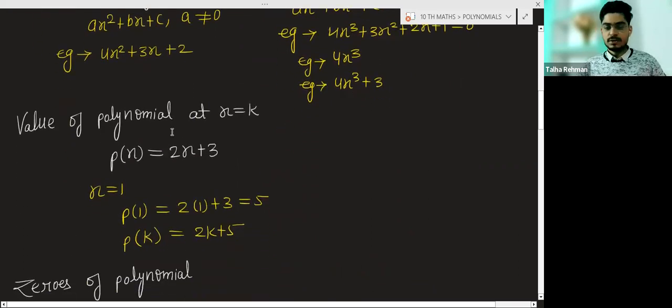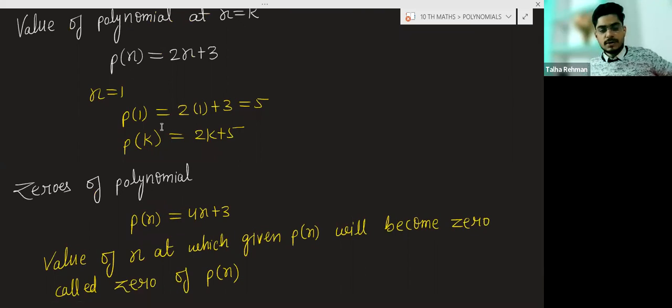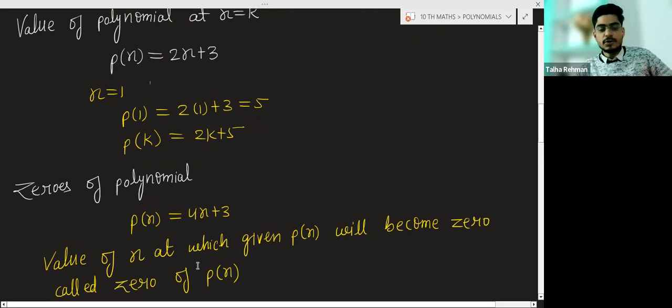After that, the value of polynomial. Put the value of x in the polynomial and you will get the value of polynomial. Zeros of polynomial means the values of x for which the value of the polynomial will become 0. Value of x at which the given polynomial will become 0 is called zero of polynomial.